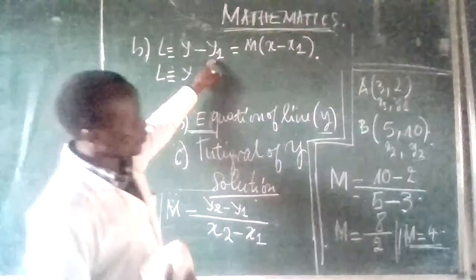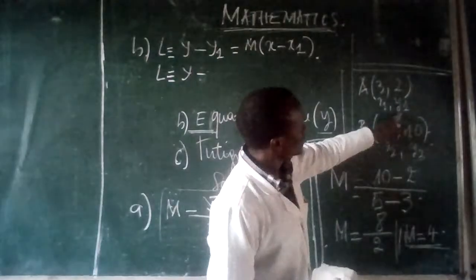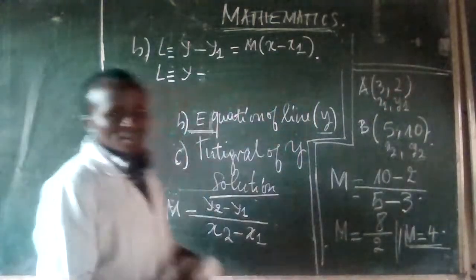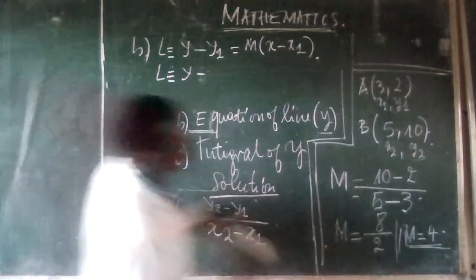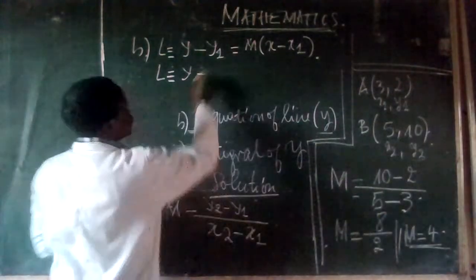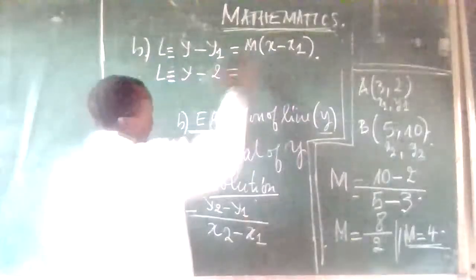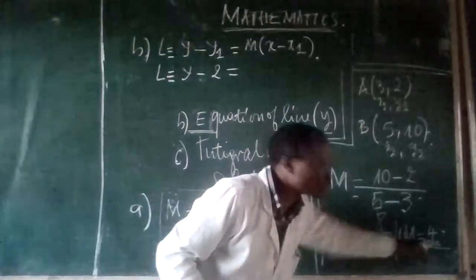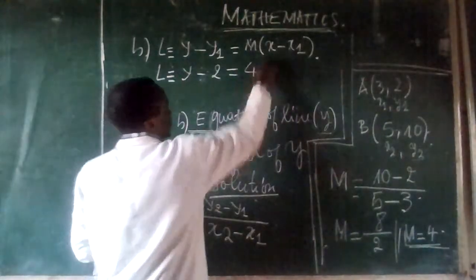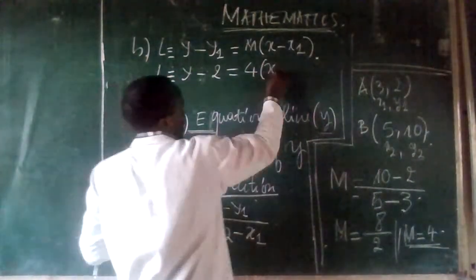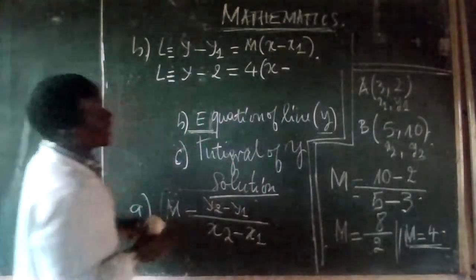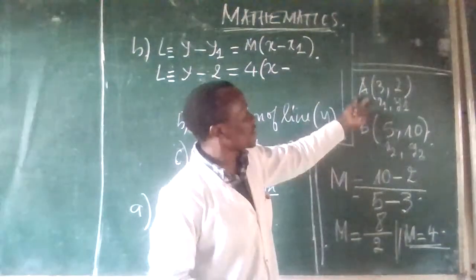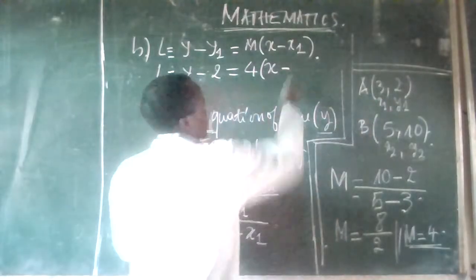As I told you, y1 is on point 1. The gradient m is equal to 4. This is 4. Open bracket, x minus, how is x1? You come also to point 1, where we have it is 3.